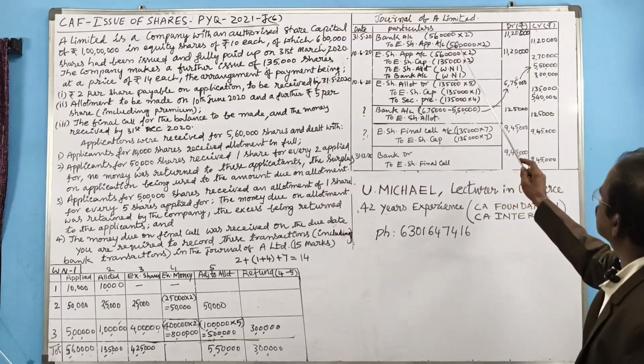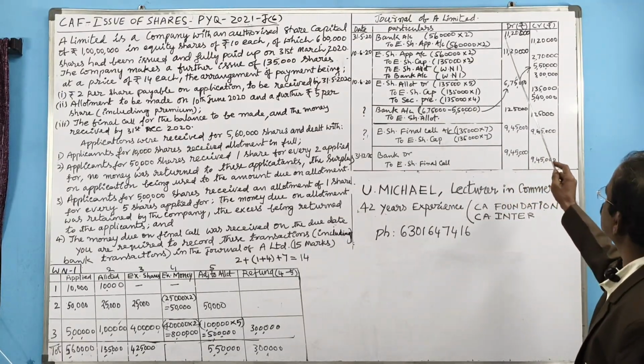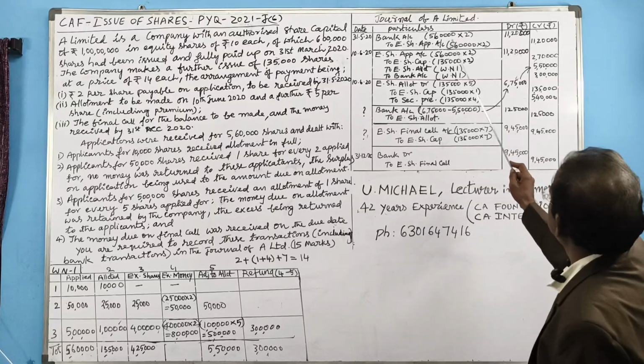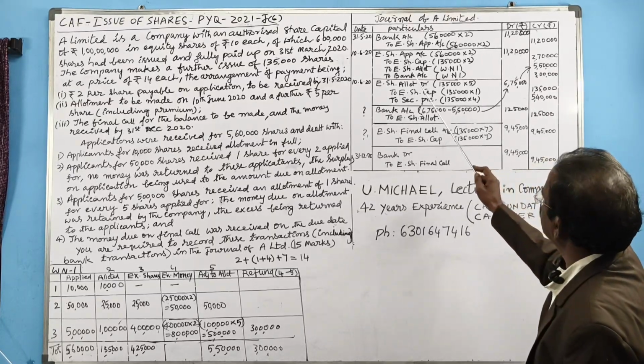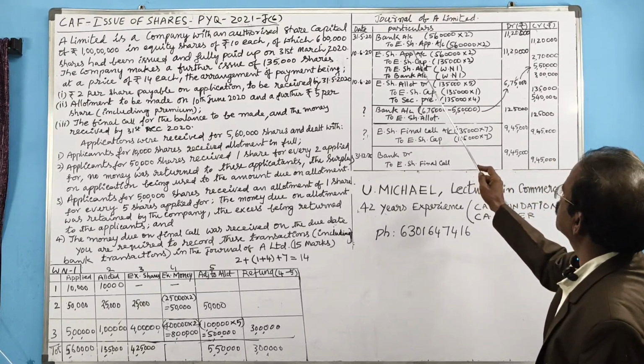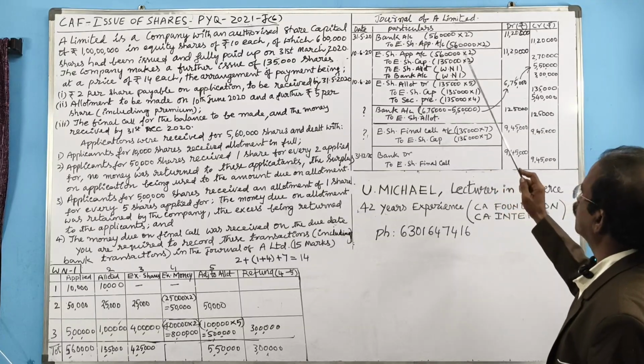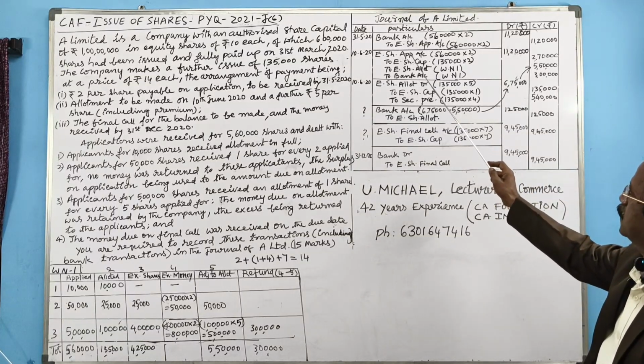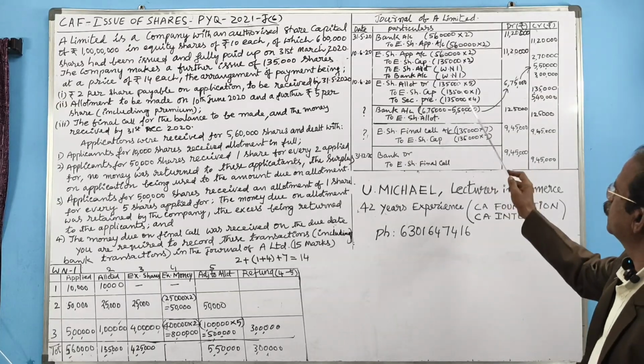So 5,60,000 into 2 rupees comes to 11,20,000. The same amount is to be credited to equity share application account. Here I have written in shortcuts, but you should write in full form in the examination.